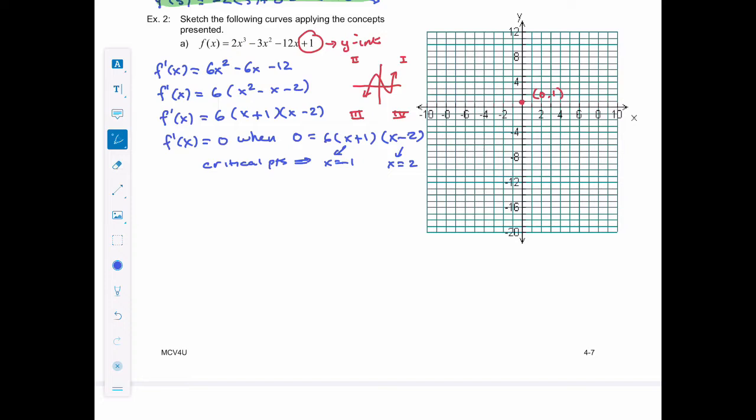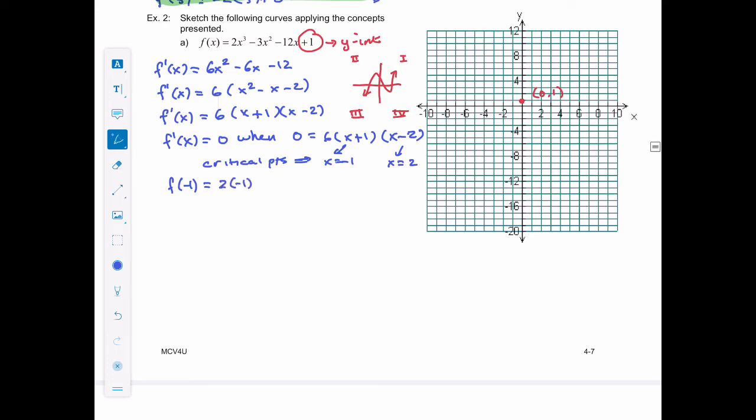So we actually have to find out where exactly they are. So what I'm going to do is say f of -1 is equal to, plug it back into the original function. So we have 2 times -1 cubed minus 3 times -1 squared minus 12 times -1 plus 1.